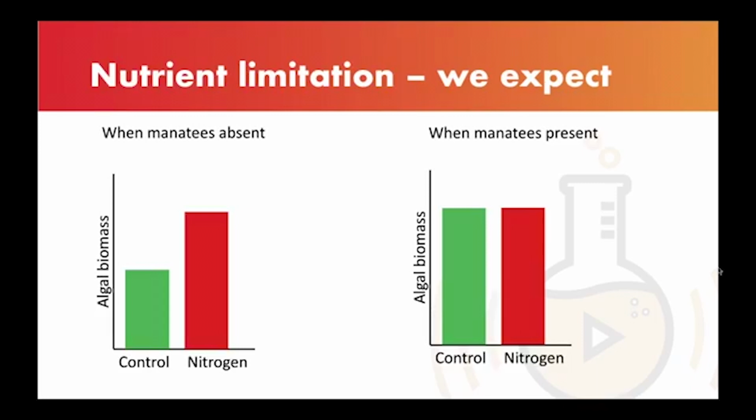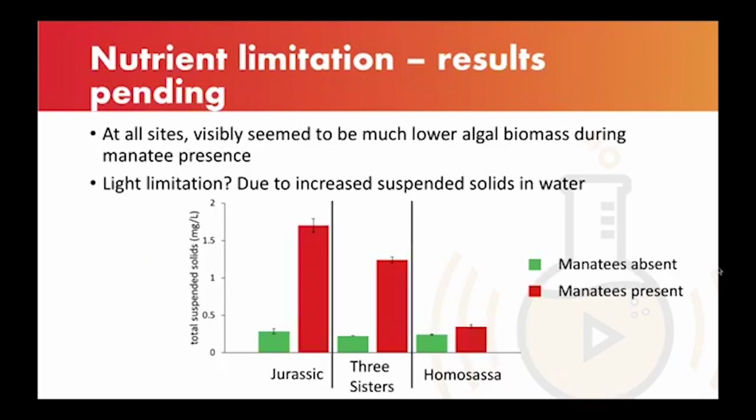However, on the graph on the right, when we have manatees present, we expect there to be no differences between the control algal biomass and the algal biomass on the nitrogen disk. So we're just looking at relative differences in algal biomass on control treatments relative to nutrient added treatments. And so we'll move on to the next slide now.